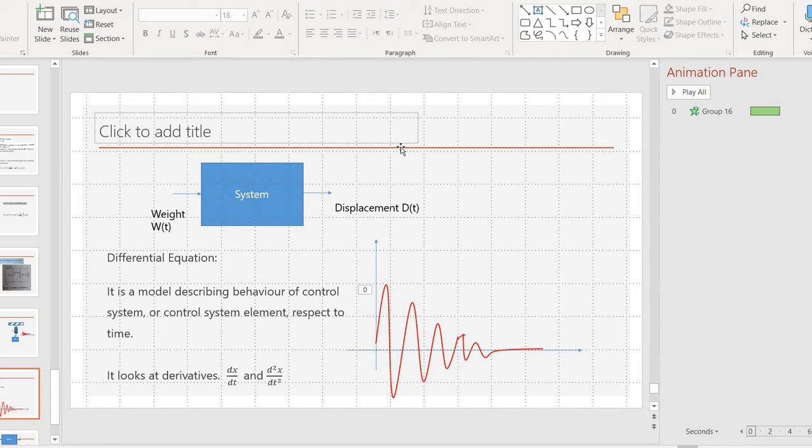We are saying that f is in relationship with t. So here, d of t means that at different times, the displacement is different. In other words, the displacement varies over time. The weight varies over time.